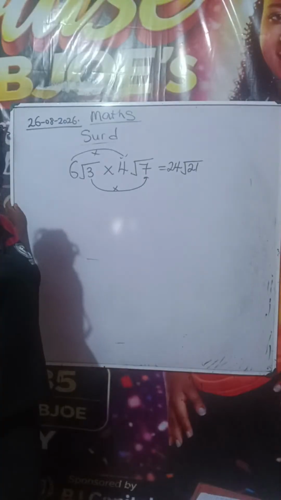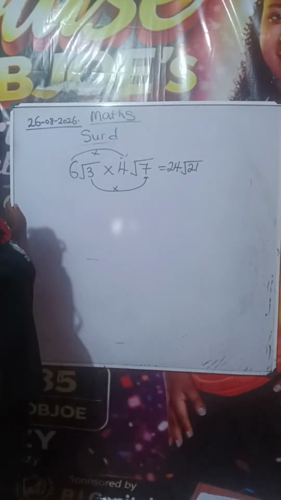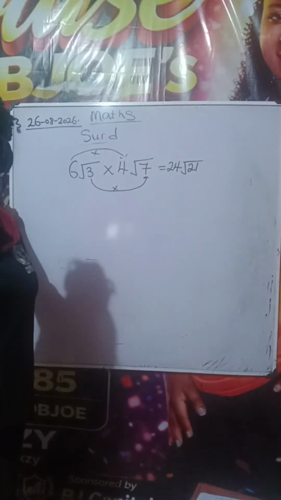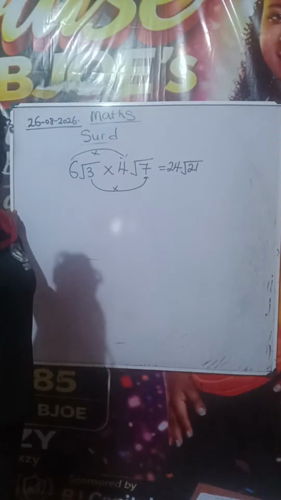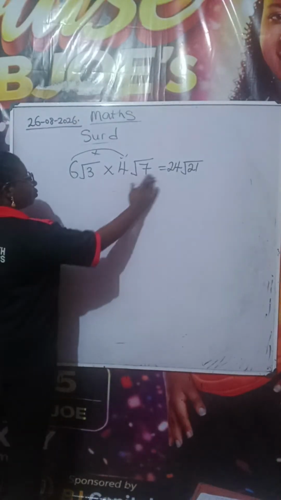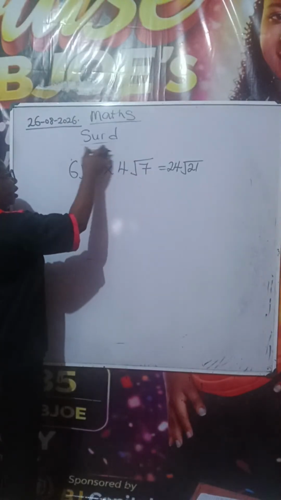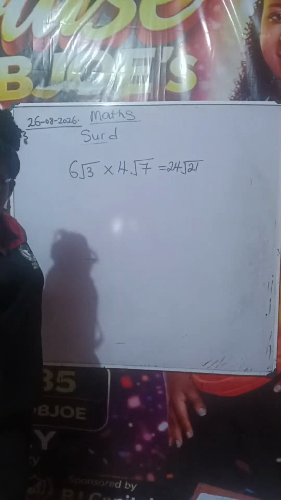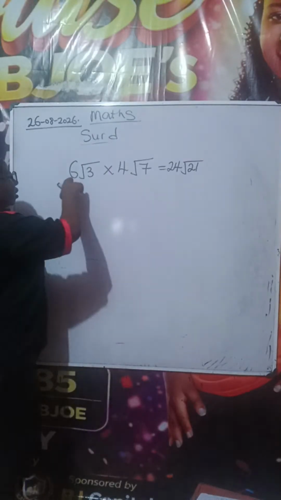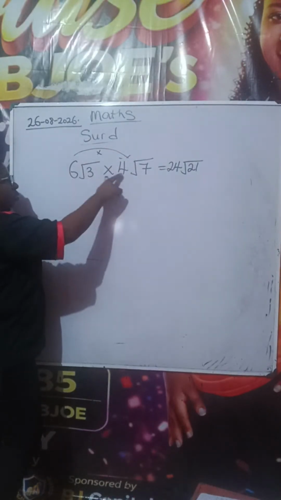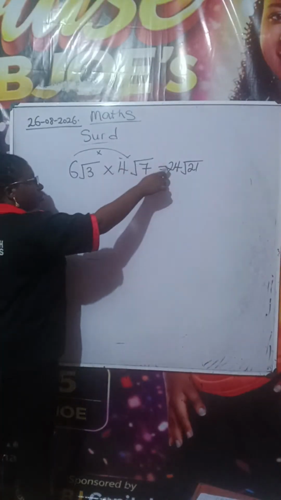Did you understand it? Please, if it's not clear, let me know. Mr. Philip said no. Okay, let me do it again. Once you have this, you multiply the same thing. 6 times 4, because the 6 is not carrying a root and the 4 is not carrying a root, is 24.